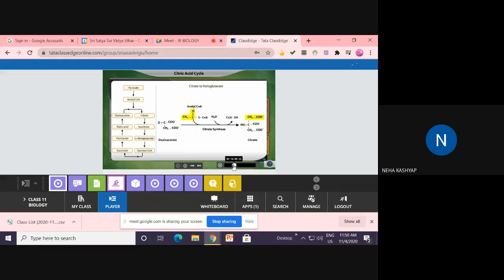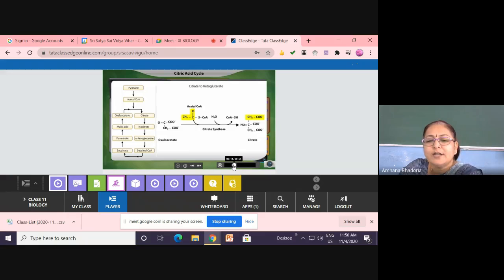Yes, ma'am. So what you do, put number 1 and then write it, so you understand that oxaloacetate is converting into citrate. So you put this number 1. Okay, first step. Then I'll take up the next.